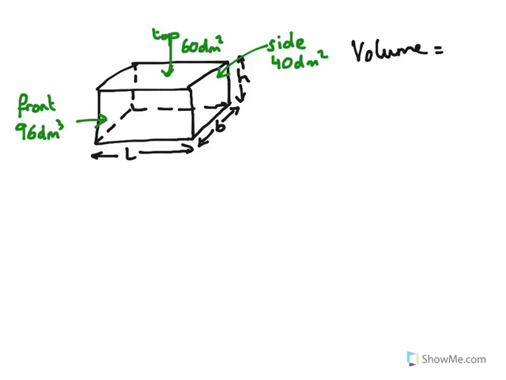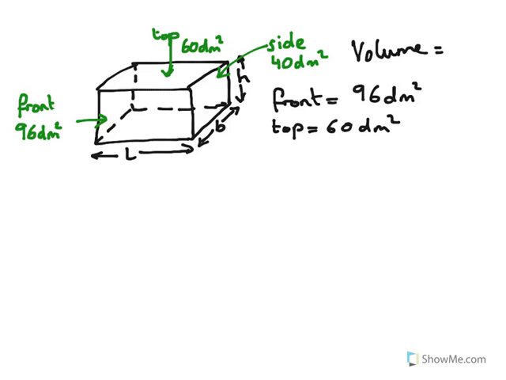What they've given you is that the front has an area of 96 decimeters squared. Should be squared there, sorry, not cubed. The front area is 96 decimeters squared. We also know that the top area is 60 decimeters squared.